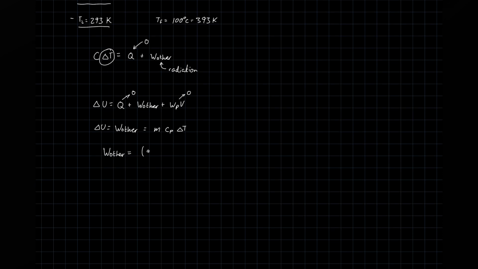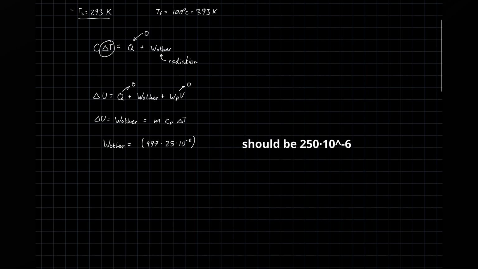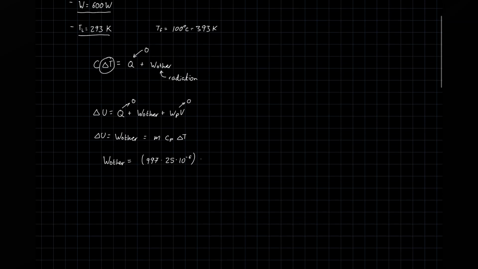So we have 997 times 250 times 10 to the minus 6, and this will be kilograms, times our specific heat capacity, which, if you look it up, is 4.186 kilojoules per kilogram Kelvin. And we have our change in temperature.